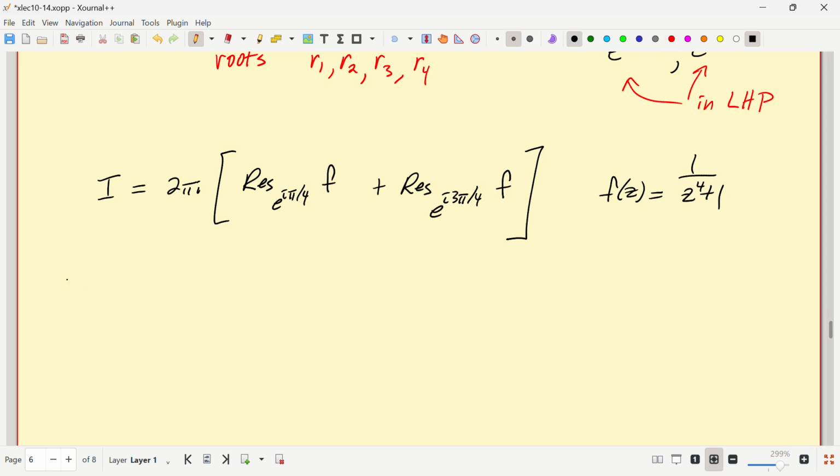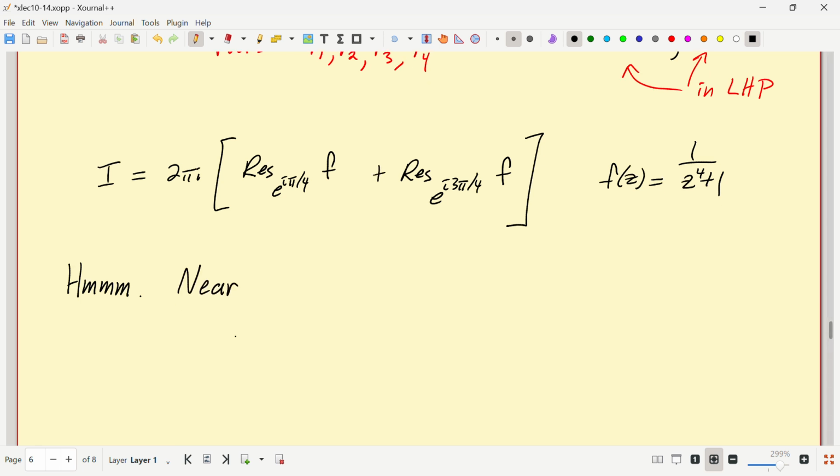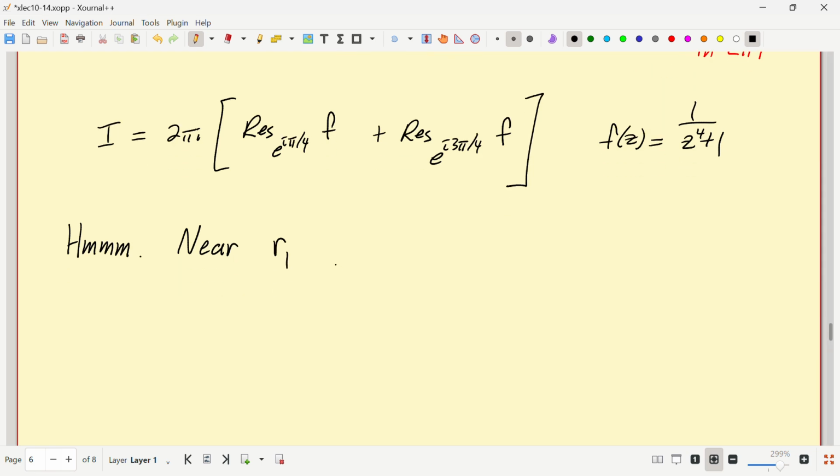So I'm thinking now today, or at least pretending to think, I'm going to do a bad idea. And you'll see why it's an idea that works, but it's a bad idea. So near the root R1, let's say, our f of z, I could factor it. So it would be 1 over z minus R1 times z minus R2 times z minus R3 times z minus R4.